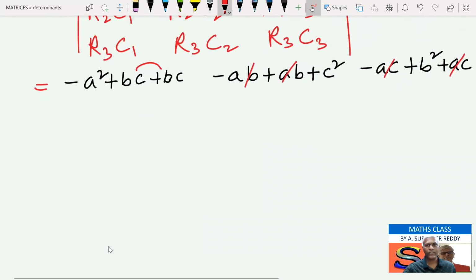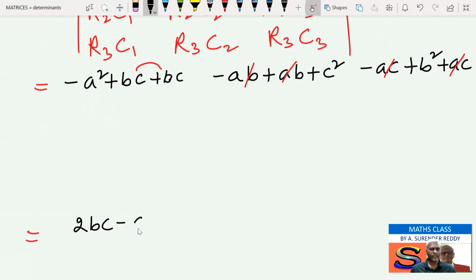So the first row becomes 2BC minus A square, C square, B square.